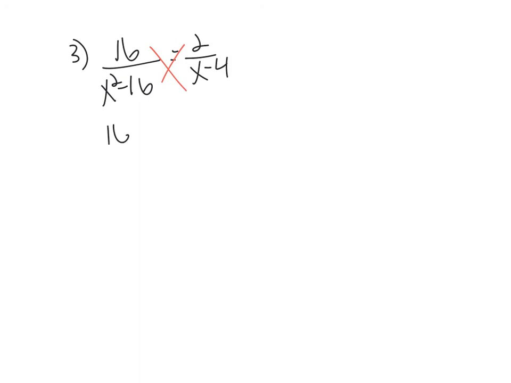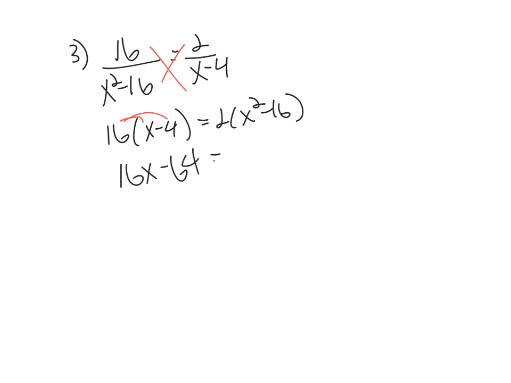So if we cross multiply, we have 16 times x minus 4 will equal 2 times x squared minus 16. Then we can distribute. So this is 16x minus 64 equals 2x squared minus 32. And let's set equal to 0.